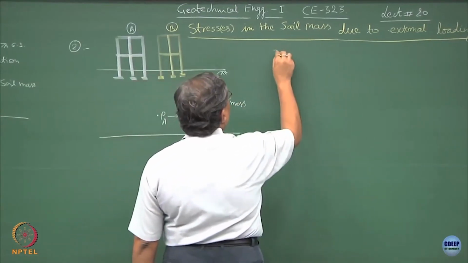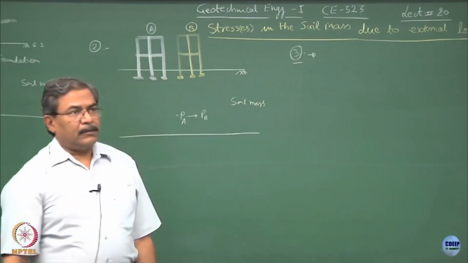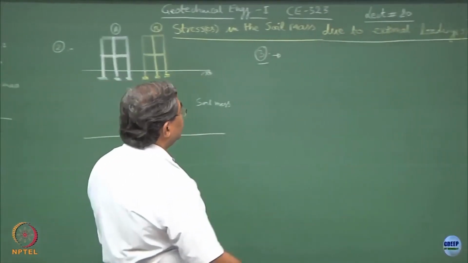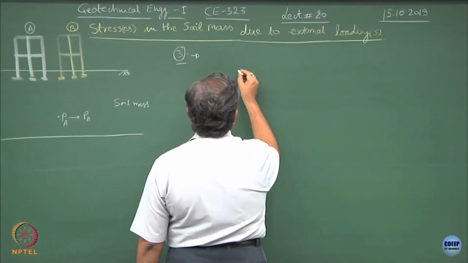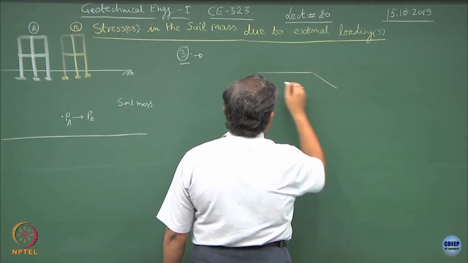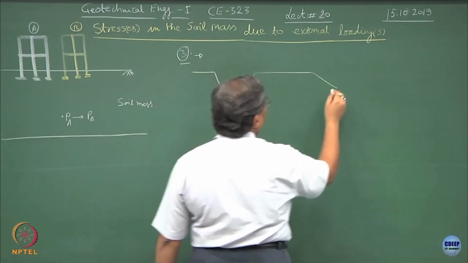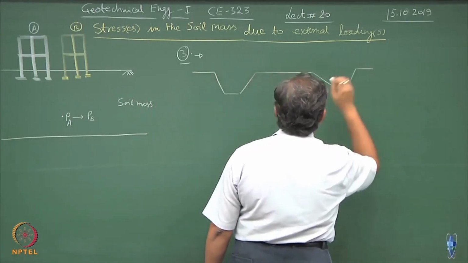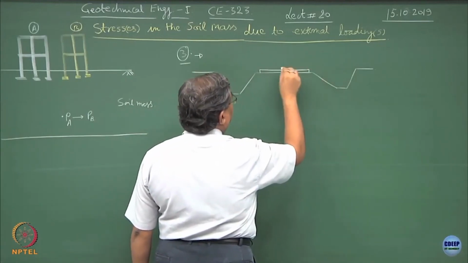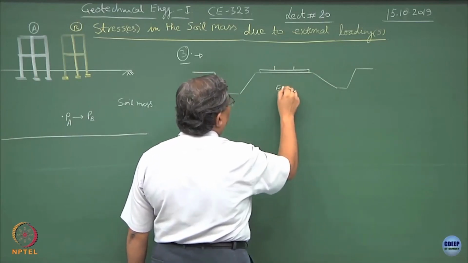There could be a situation number 3 where I am sure when you travel all along the highways or the railways, what you observe is there are the pipelines which are carrying water. So, suppose this is the embankment of the railways. So, this is the, let us say, embankment on which the train is moving. It is an embankment.